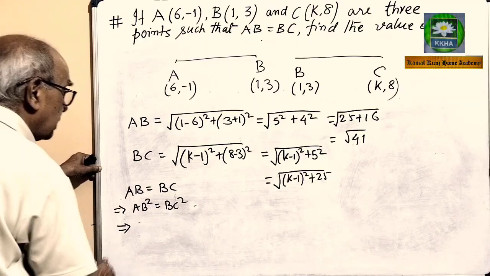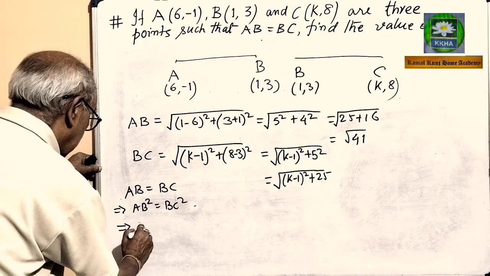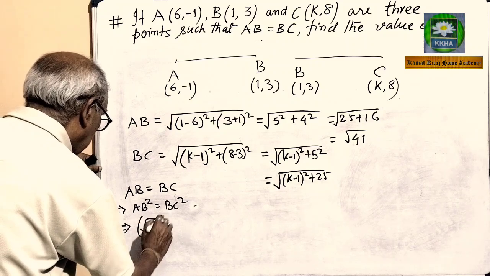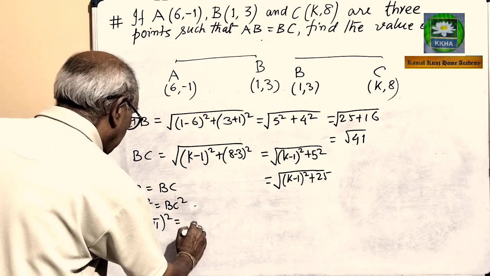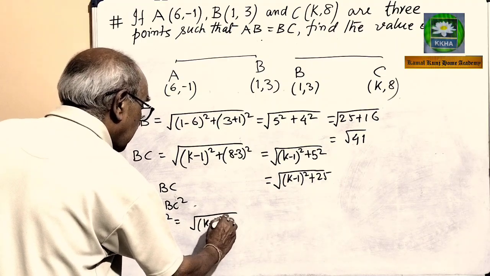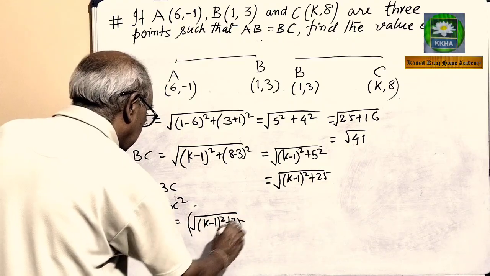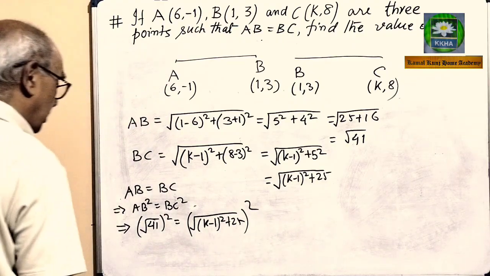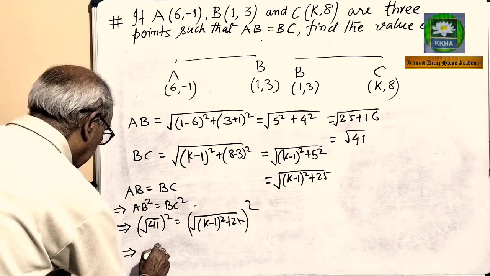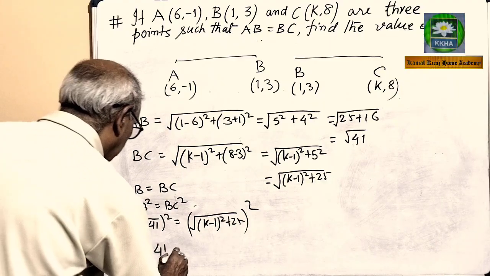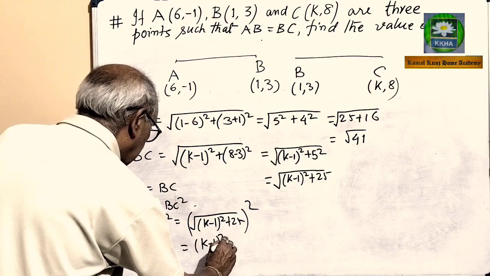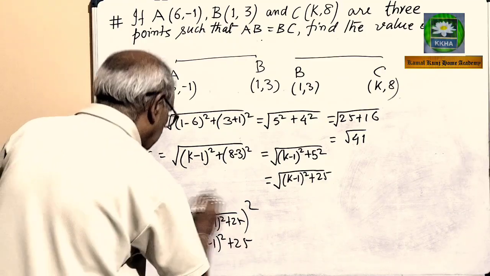So 41 is equal to (K minus 1) whole square plus 25.